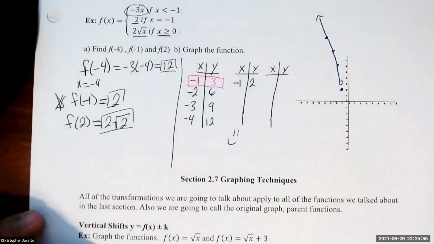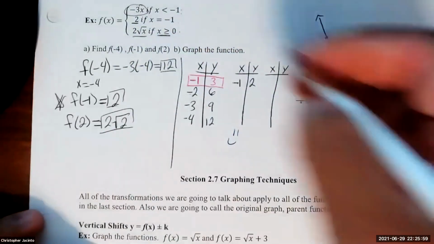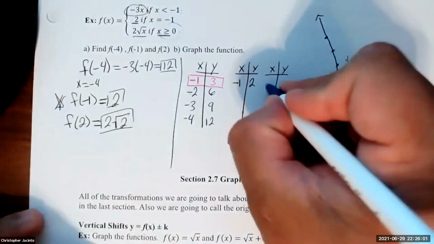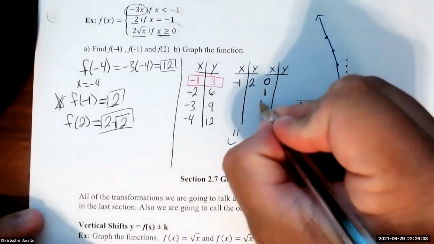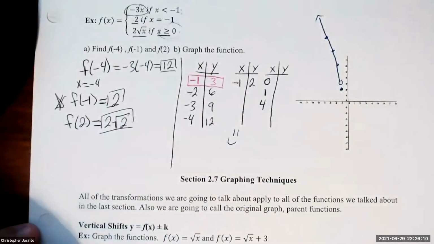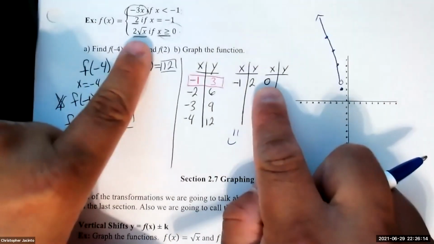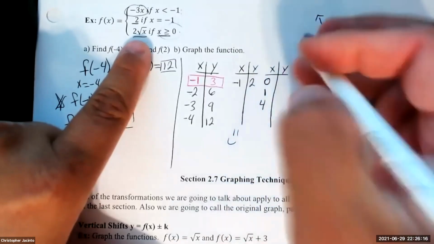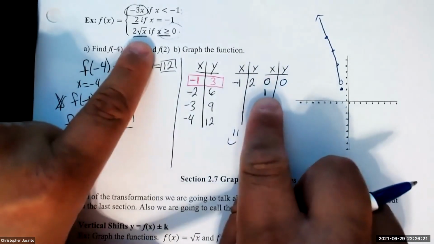And then lastly, do the same thing for the other side. Okay. So everything greater than 0. So 0 works. 1 works. And let's say 4 because I don't know what the square root of 2 is. So if I plug in 0, square root of 0 is 0, and then 0 times 2 is 0. It's kind of nice. Plug in 1.